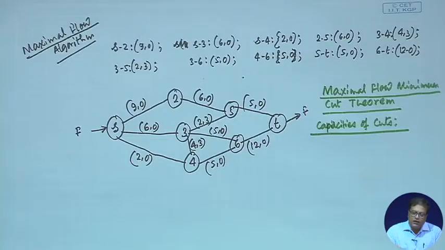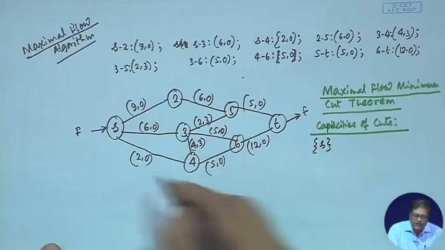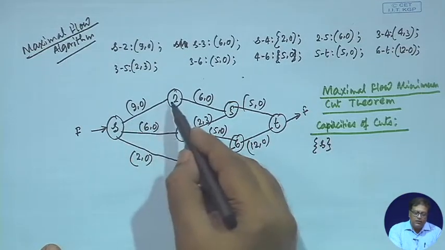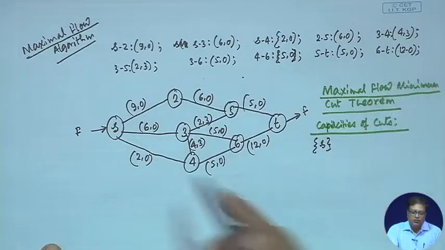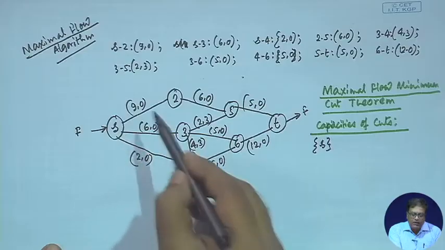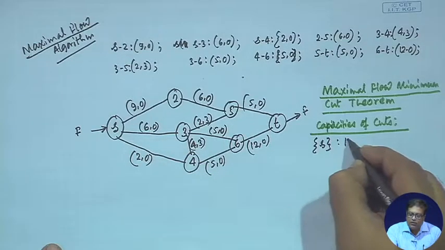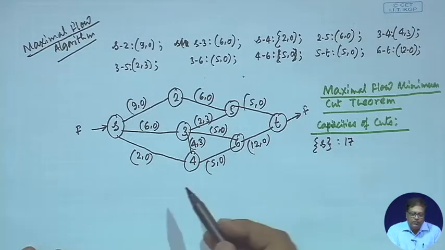What is the capacity of the cut S? S is a cut. What is that cut? Just look here, it will cut S on one side and the rest on the other side. If I have a cut here, it should be 9, 6, 15 and 17, the capacity should be 17, alright. So, you have to keep exploring.